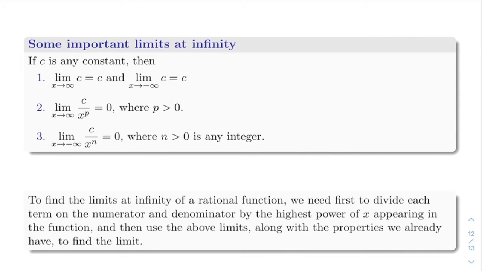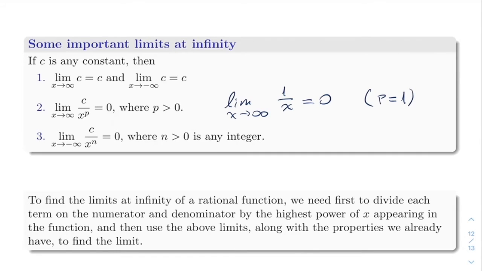The second one is the limit when x goes to infinity of a constant divided by x to the p is equal to 0 when p is greater than 0. So remember, in our first example, we said that the limit of 1 over x when x goes to infinity was equal to 0. So in this case, we took p as 1.